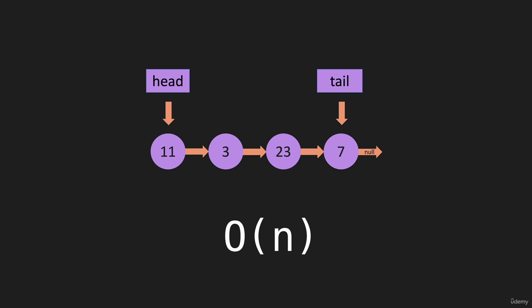Now let's look at finding an item. We could find something by its value or its index. Let's say we're going to find the number 23. You have to start at the head. Is this 23? No. That one's not 23, but that one is. And because we had to iterate through, obviously that's O of n. But what about by index?